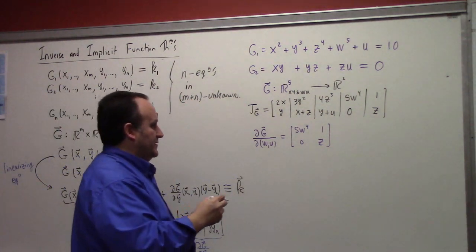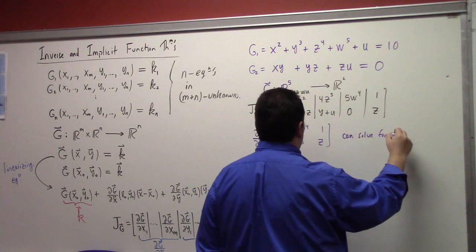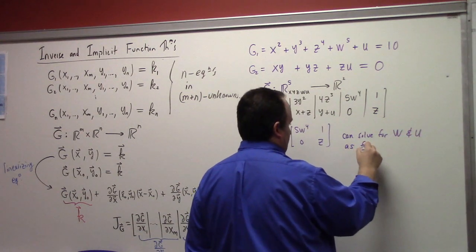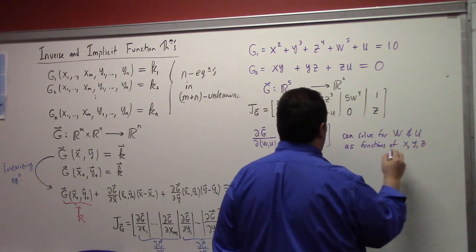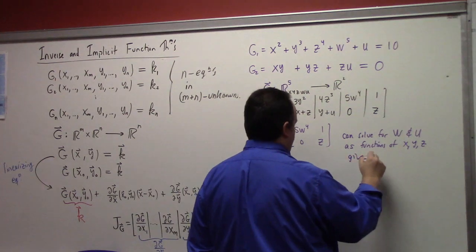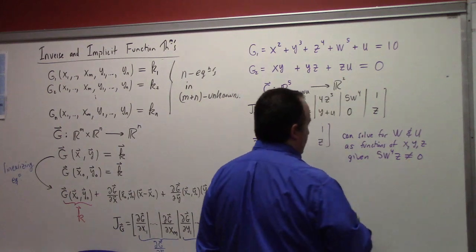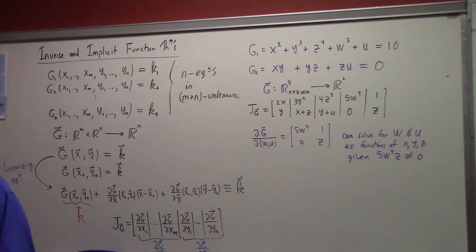So that means we can solve for w and u as functions of x, y, z, right? Given what? We need that 5w to the fourth times z is not equal to 0. As long as 5w to the fourth times z is not equal to 0, then that 2 by 2 matrix is invertible. Hence, the implicit function theorem guarantees the existence, at least locally, of an implicit solution to those equations.